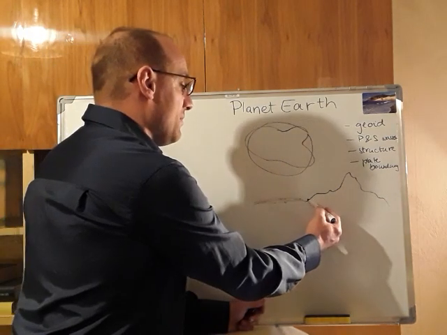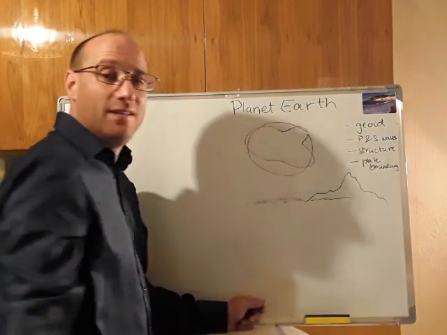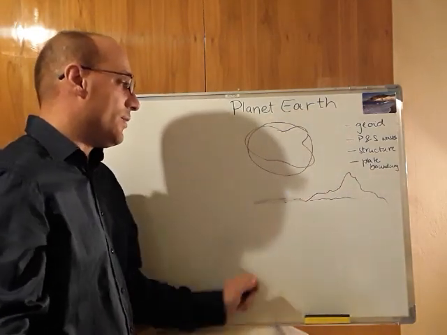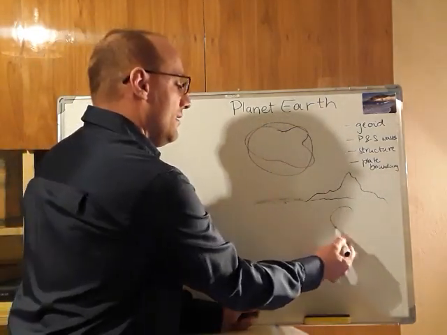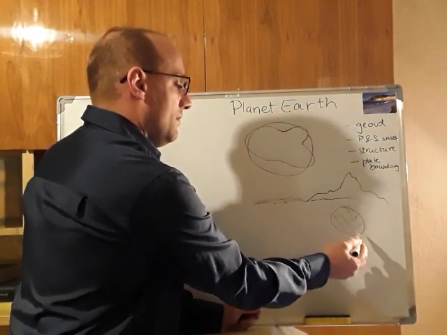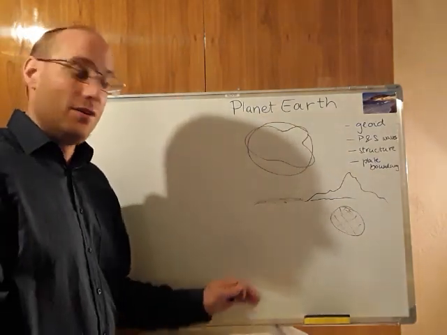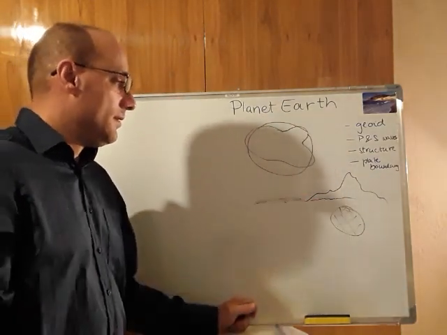And then there could be some difference around the continents. That's where usually we would have some difference in the density of the material in the planet around the continents.